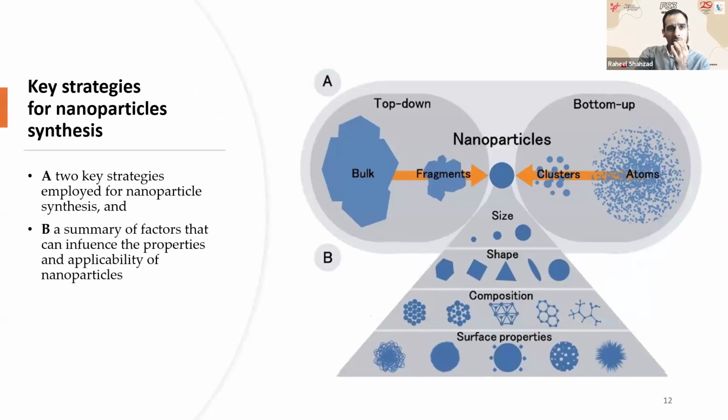If we talk about the strategies for nanoparticle synthesis, basically there are two: top down or bottom up. The simple idea is, in the top down, we use the bulk material, fragment it, and make nanoparticles. While in bottom up, we use atoms and make them into clusters to synthesize nanoparticles.